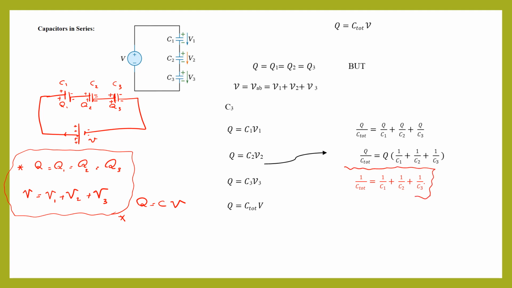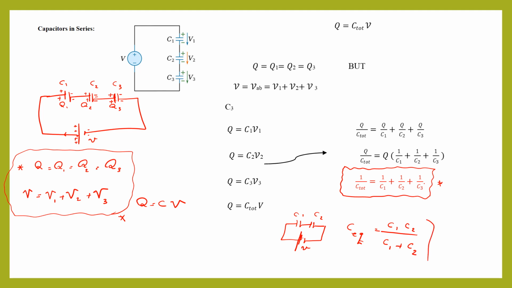In fact, the equivalent capacitor, everyone, equals this. You may have this equation. However, be careful. Once you use this equation, you will receive 1 over C. If you use this equation for two capacitors, everybody, this is the battery V, C1, C2, C equivalent equals C1 C2 over C1 plus C2.